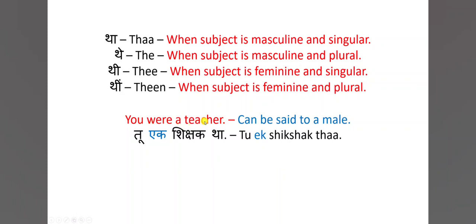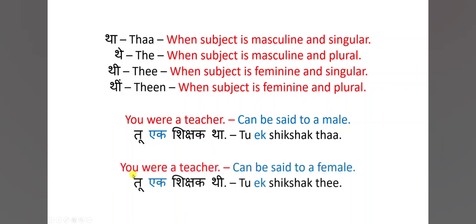Alright? Next, you were a teacher. If you want to say this to a male, then you can say तू एक शिक्षक था. तू एक शिक्षक था in Hindi. तू is you, एक is a, शिक्षक is teacher, था is were. We have selected tha for were because the subject of this sentence is a male and is singular. Okay?